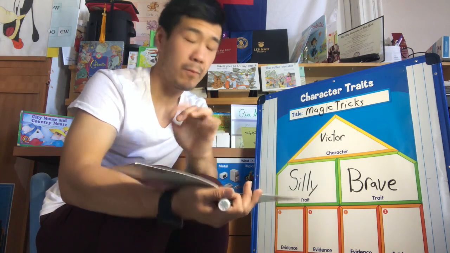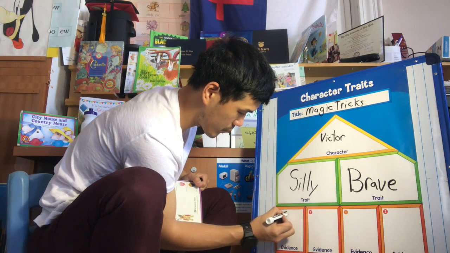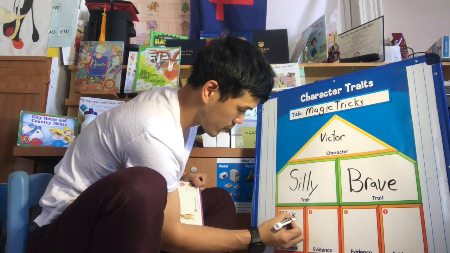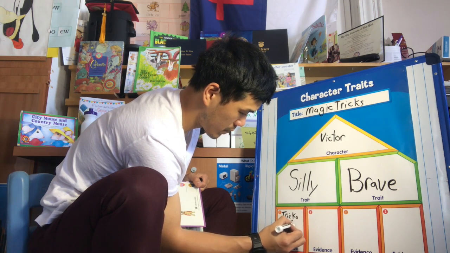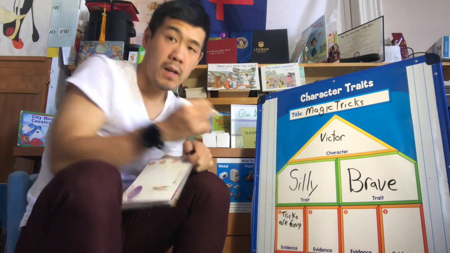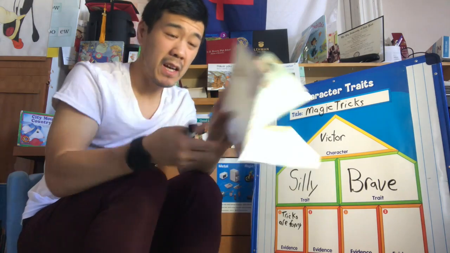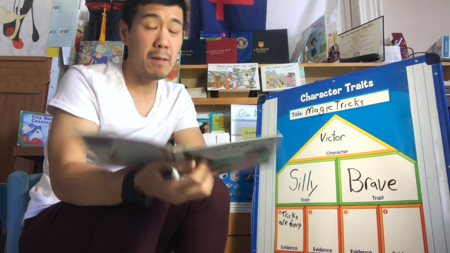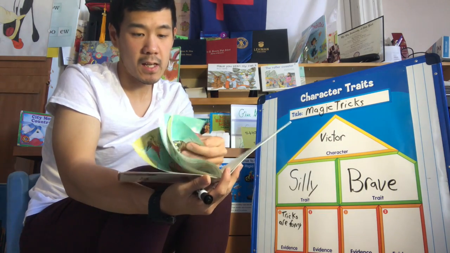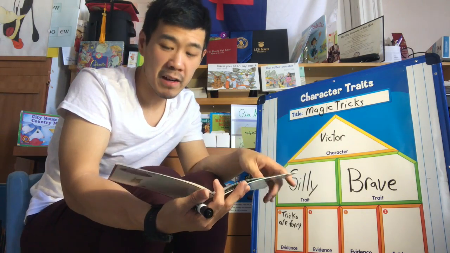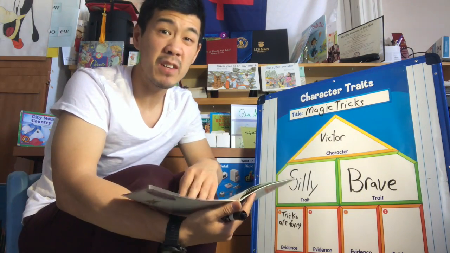All his tricks are funny. He put the cookie in his mouth. He put the dollar in his pocket. His last trick of him disappearing, he runs away.